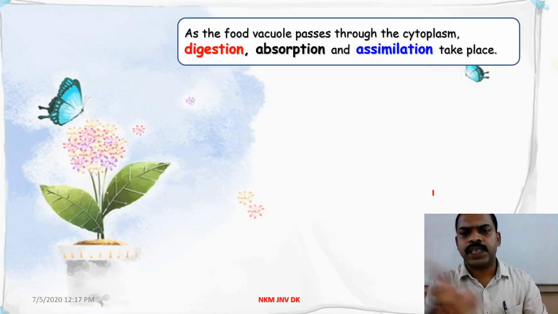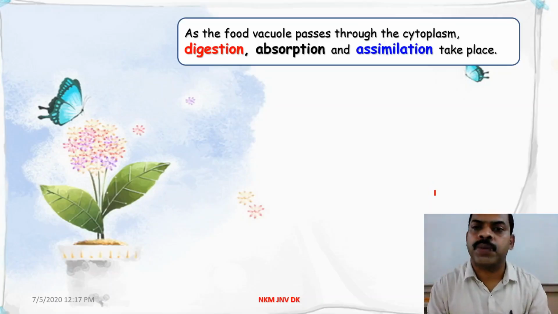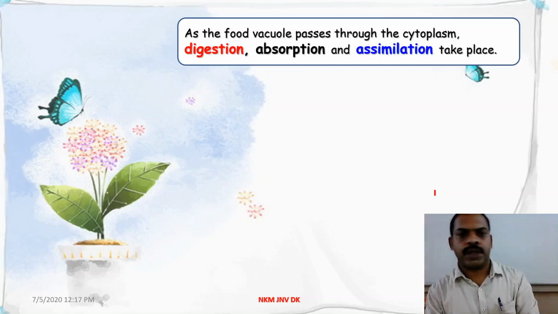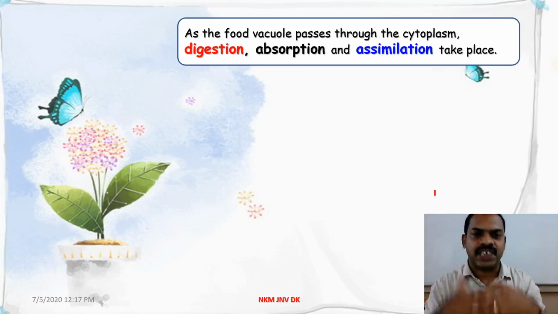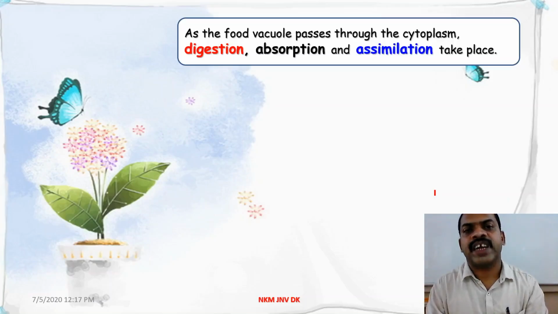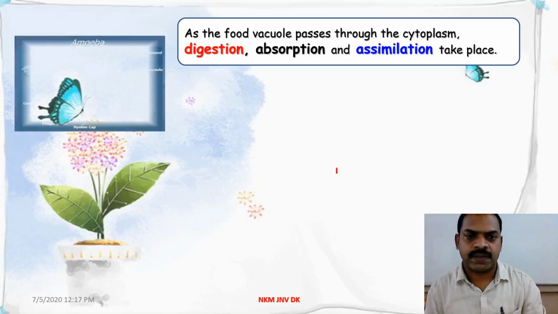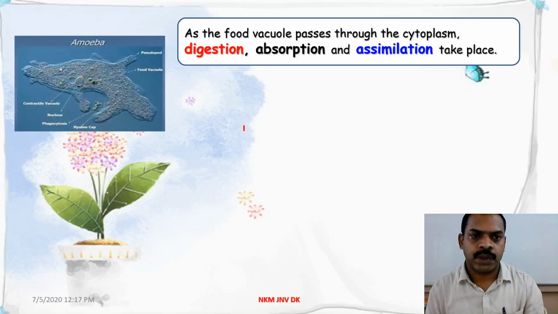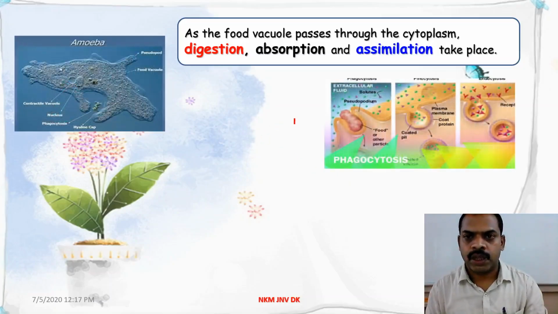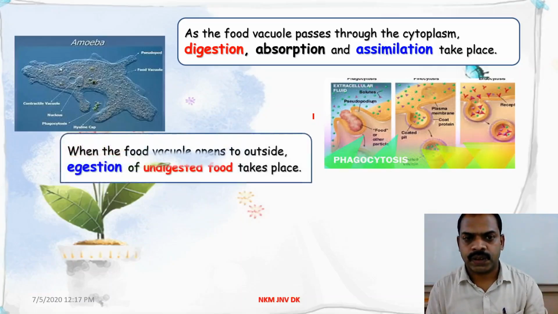There are basic steps common in amoeba as well as human beings. Once the food is intaken, the amoeba will do digestion, absorption, assimilation and ejection. Actually ejection is, okay, the removal of waste. So here you can see the amoeba. They have this phagocytosis process.